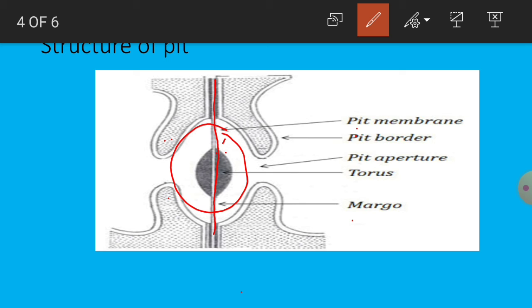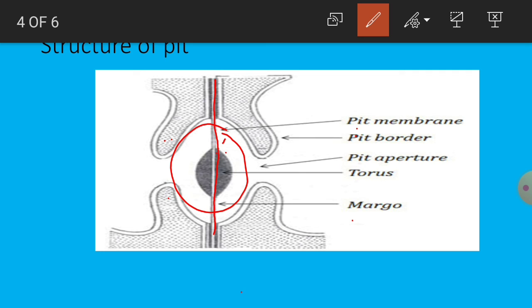Thus, in primary pits, you can see either borders or no borders. If they are with borders, they are called bordered pits. If they are not with borders, they are called simple pits. These pits are the connections between the adjacent or neighboring cells.